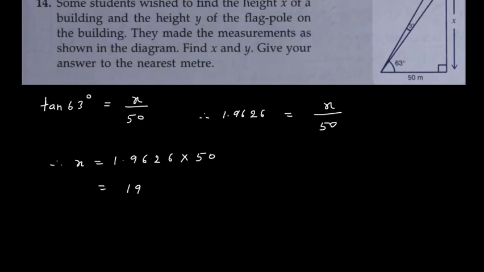So when 10 is multiplied by 1.9626, I will get 19.626, and then I multiply into 5. 5 sixes are 30, 3, 5 tens are 10, 10 plus 3 is 13, 5 sixes are 30 plus 1 is 31, 5 nines are 45, 45 plus 3 is 48, 5 ones are 5 plus 4 is 9.